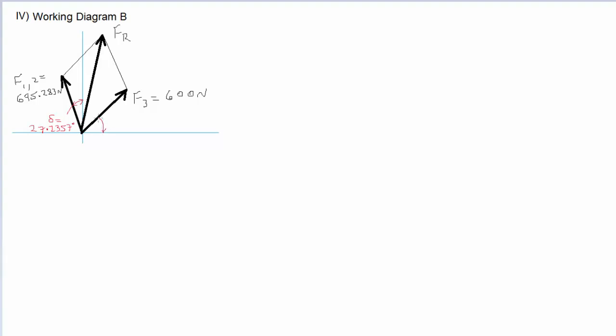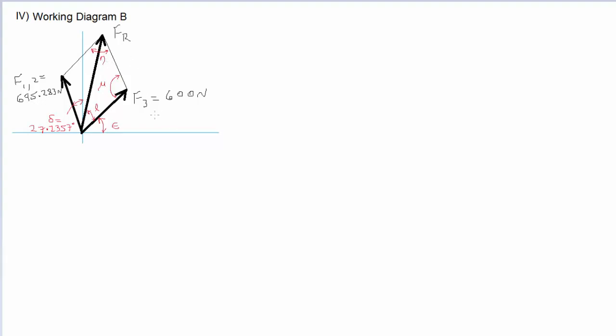We're going to need this angle here, which I'll call epsilon. We are going to need this little sliver between FR and F3, which I'll call lambda. We are going to need this angle here. I called that one mu. And we're going to need this one up here. And I called that one eta.